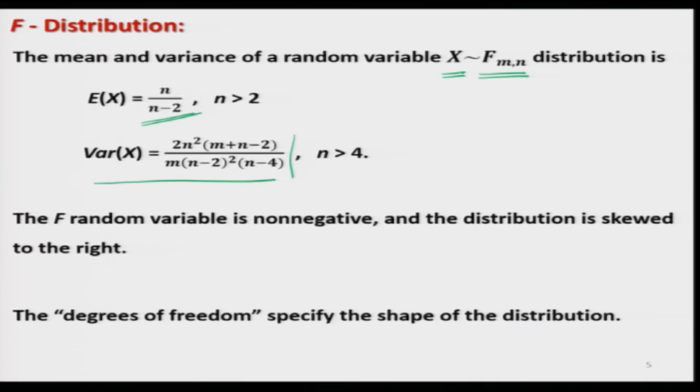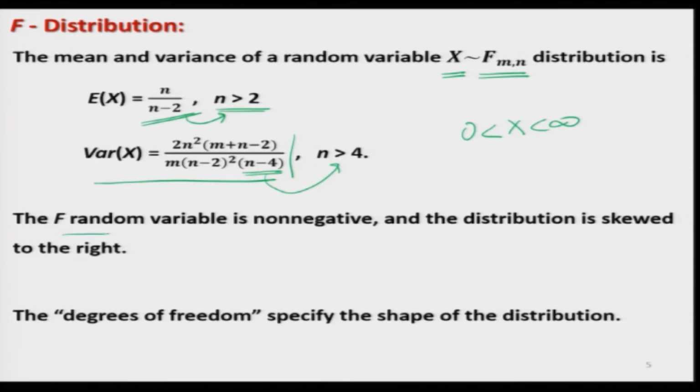Here we have n minus 2, so we have to assume n is greater than 2, and in the variance you have a quantity n minus 4, so you have to assume n greater than 4. Why? Because x is taking values between 0 and infinity, so the mean of our random variable cannot go negative.